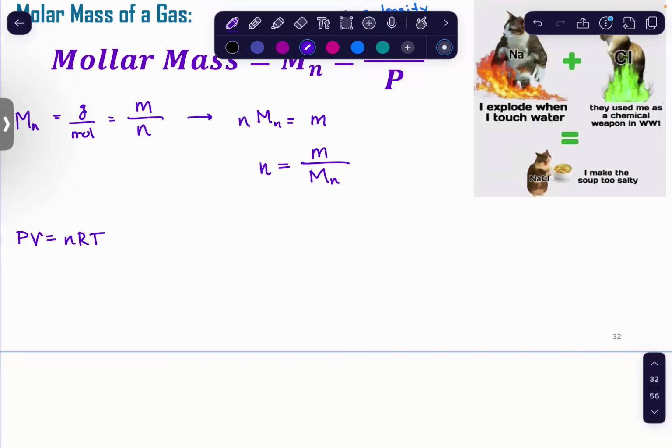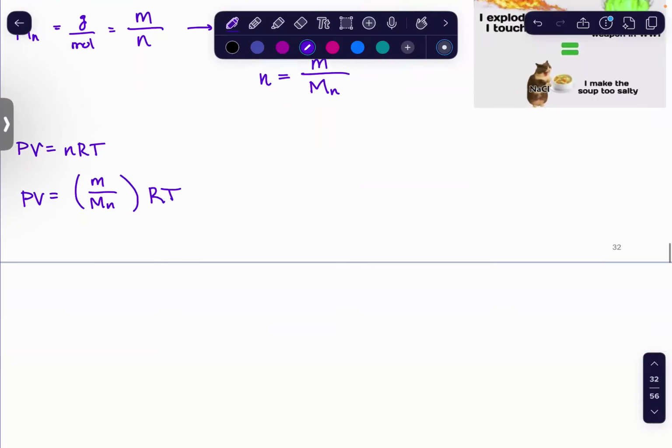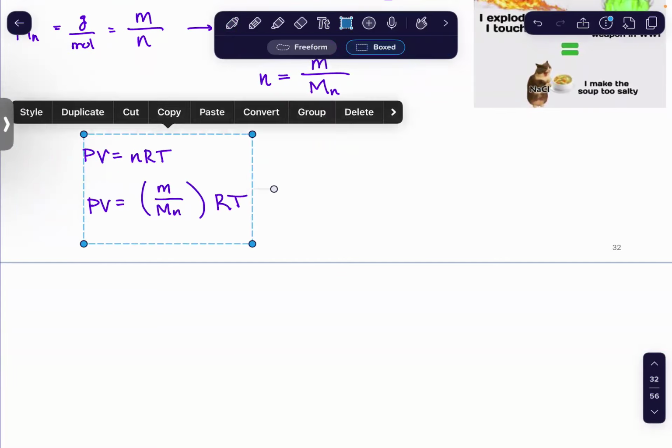Okay, so then I'm going to replace n with my mass over molar mass. I probably don't have to scrunch it into the side like that.